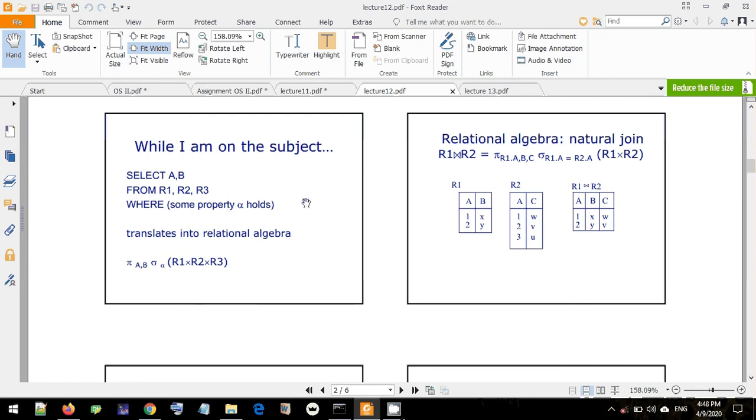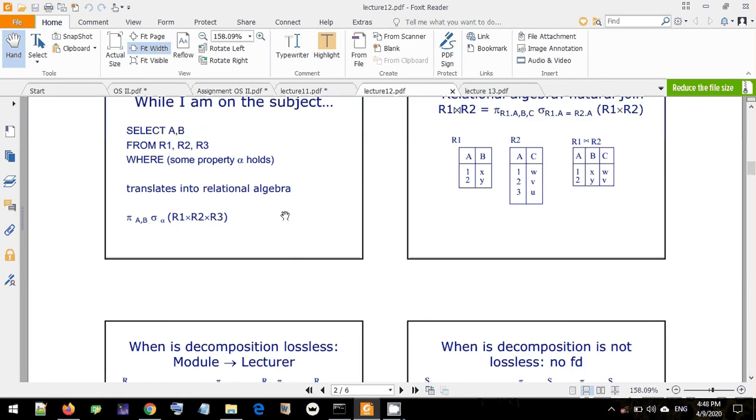We can translate this into relational algebra like this, and it can be read as the projection of R1, R2, R3 on AB where a certain condition alpha holds.